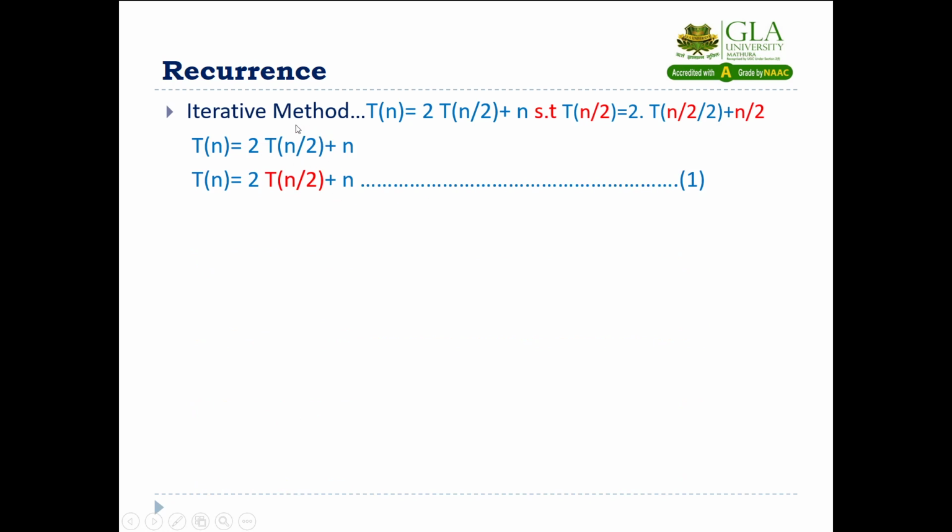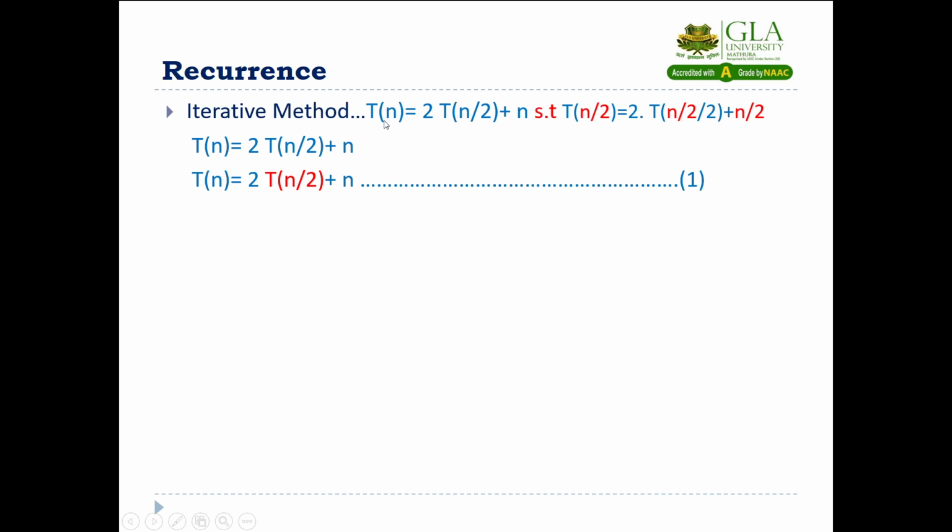So we have to find this smaller subproblem that we divided for T(n), and put its solution here. So what will be the expansion of T(n/2)? We place n/2 in place of n. So we will put n/2 here, and in place of n here also n/2. Why?